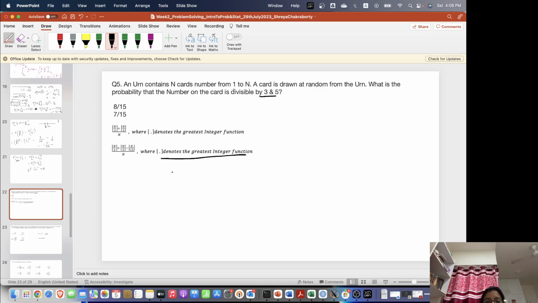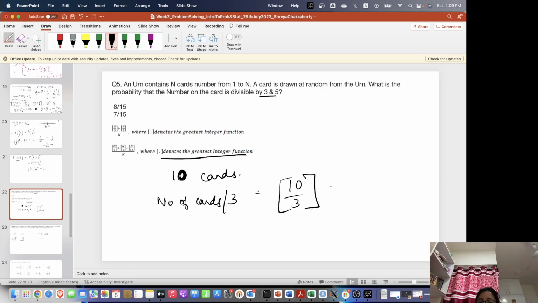Okay, so this one, what it means is that it denotes the greatest integer function. So let's take an example. Let's say we have 10 cards. So number of cards divisible by 3 will be 10 by 3, it will be 3.33 something, greatest integer which is less than equal to this number, then that is 3.